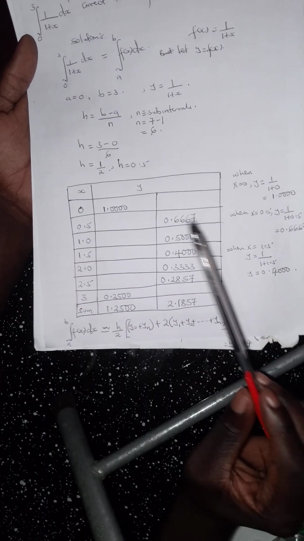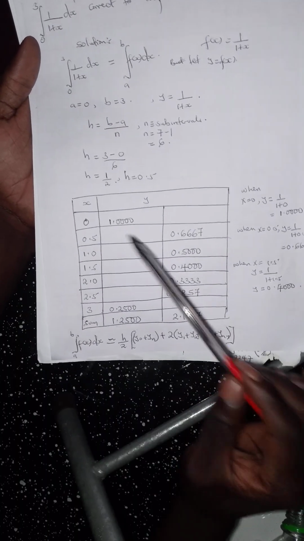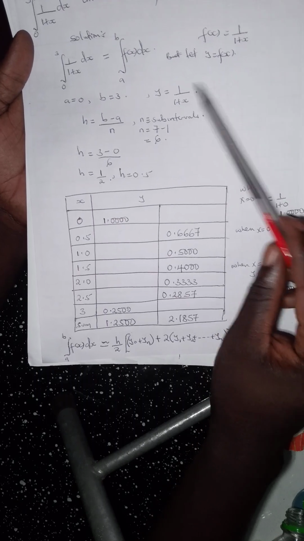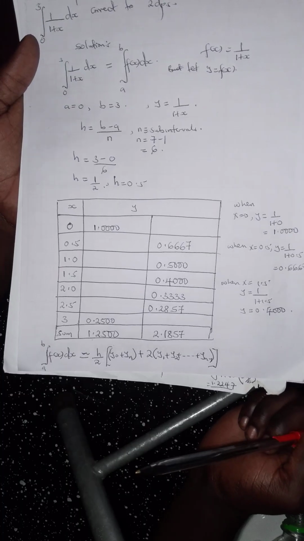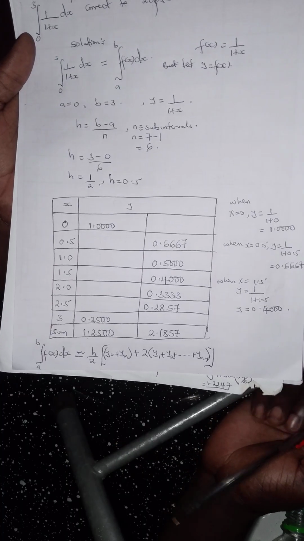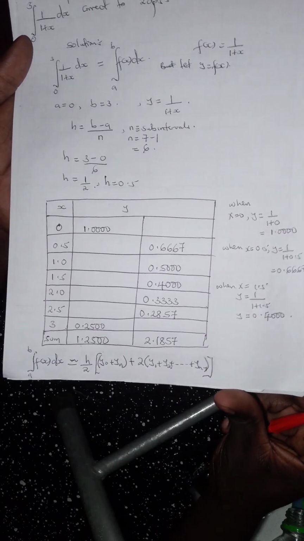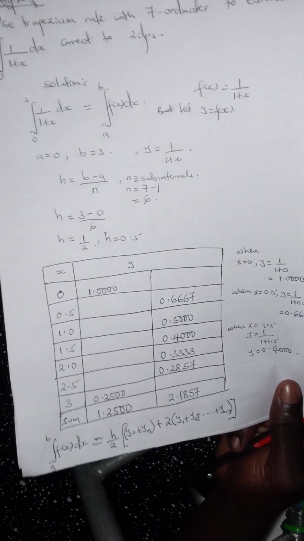Now, how do we get these y values? Before getting the y values, you first ask yourself, does my expression of y contain any trig function? If it contains a trig function, you get your scientific calculator and you change the mode to rad. You change the calculator to the mode of radians.